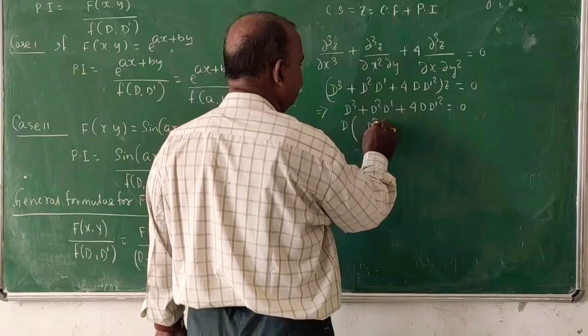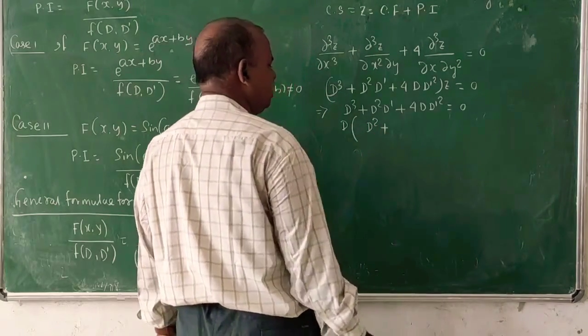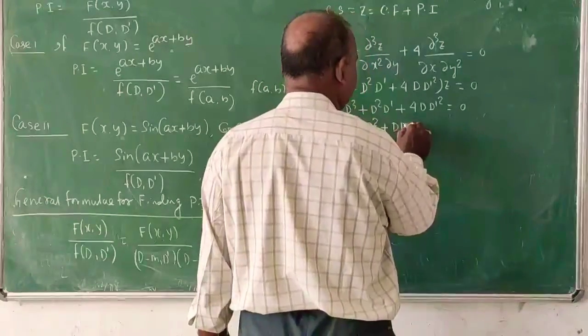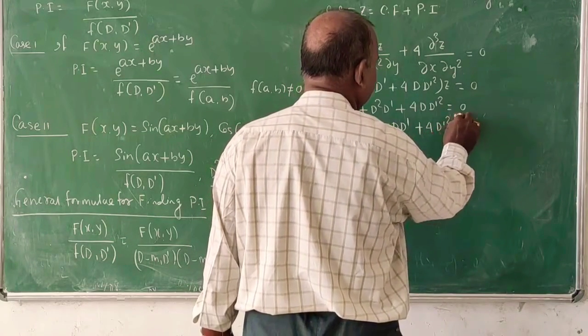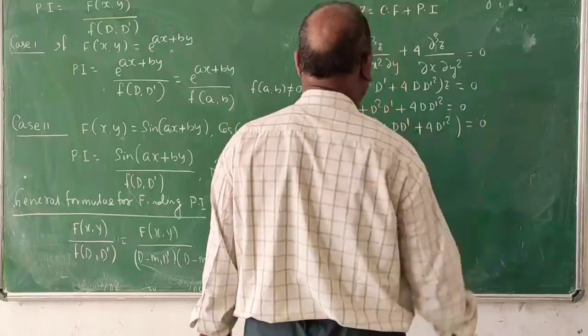Taking D as common, this is D times D square plus D D dash minus 4 D dash square equal to 0.